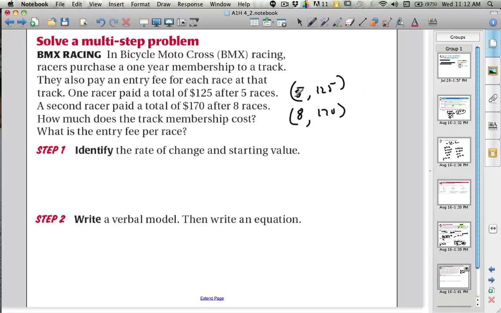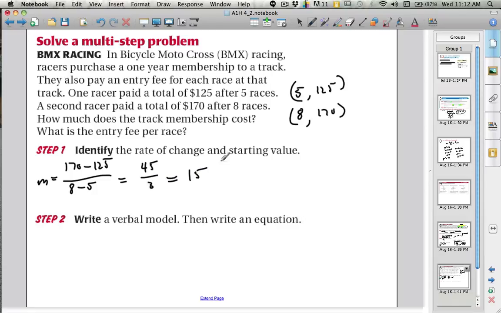So the first thing we want to do is find the rate of change so that I can tell how much they charge per race. Well, it's going to be 170 minus 125 over 8 minus 5. 170 minus 125 is 45, and 8 minus 5 is 3.